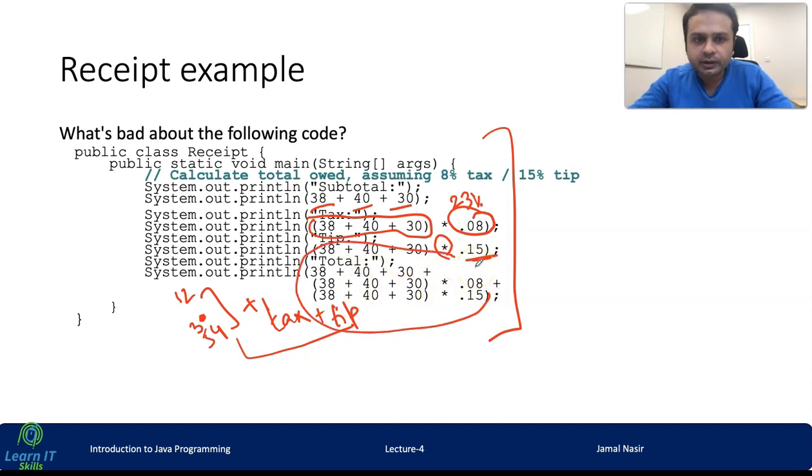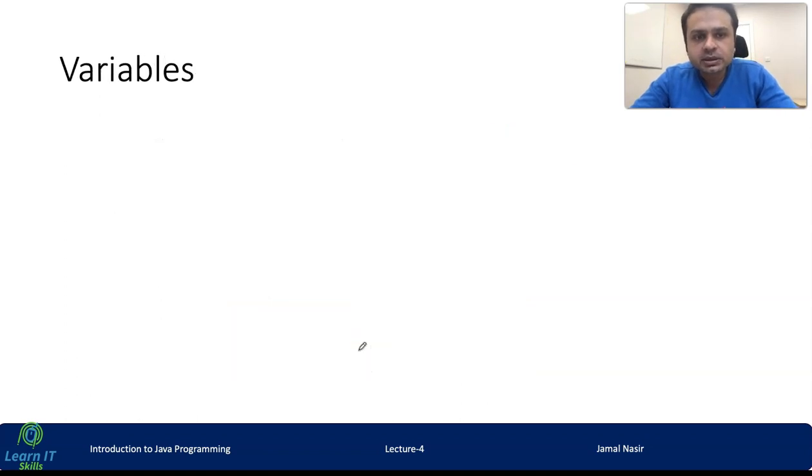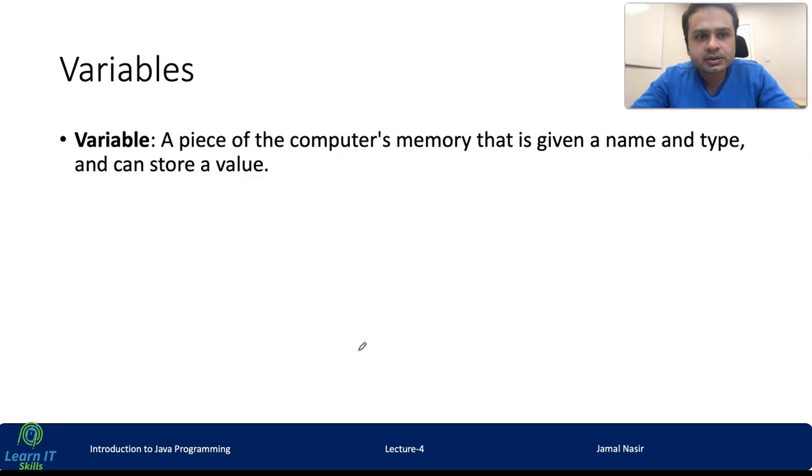Obviously this is very cumbersome and difficult to write, and we have more chances of mistakes. A lot of System.out.println statements we are using, and we are repeating this statement again and again. So what is the solution? The solution is using variables, right?